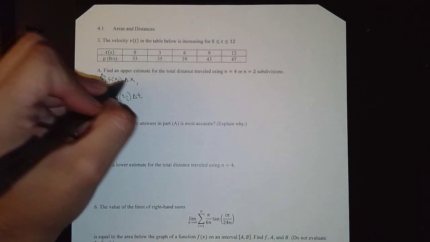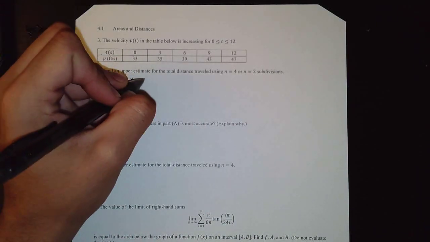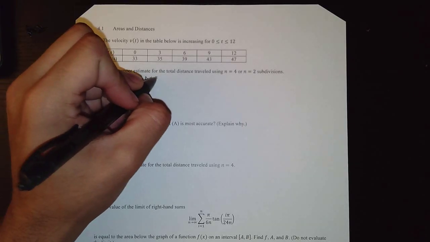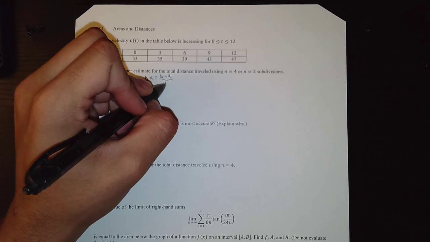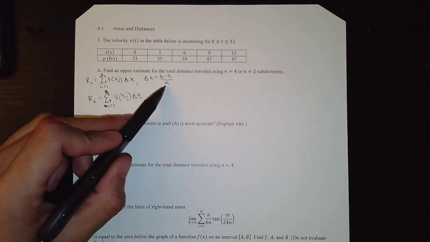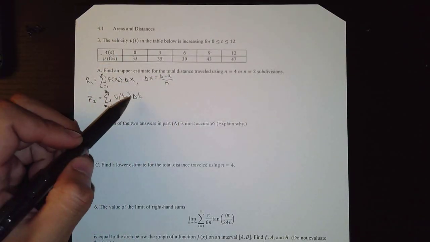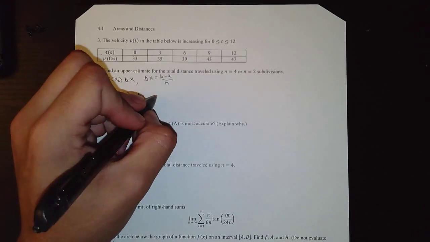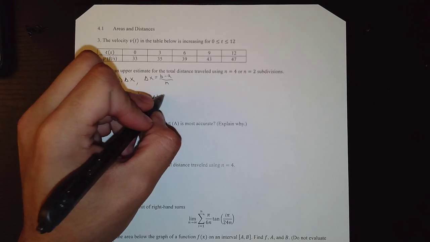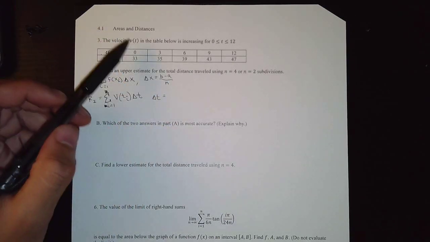And in general, the formula for delta x is the change in the interval over how many times you split that interval up. So for R sub 2, the change in time is a constant number.